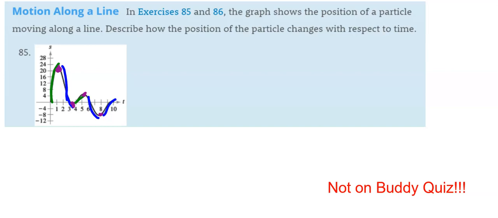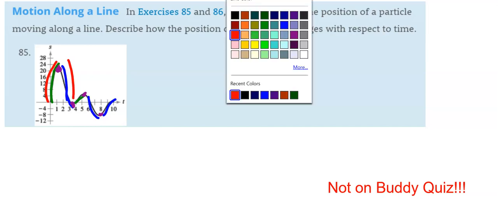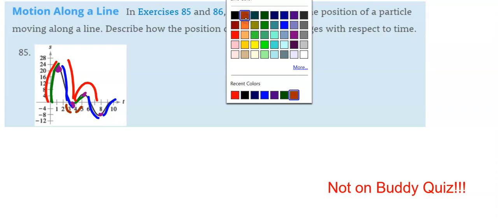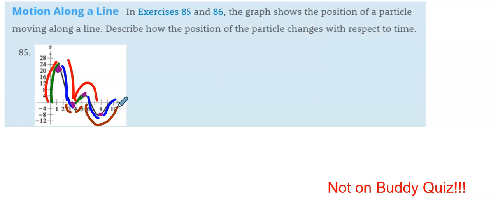And then finally, this is where the particle is east of where it is currently, and over here it is going to be west of where it is, and then here is east of where it was, and over here is west of where it was, and I think for that last little part is east of where it was.